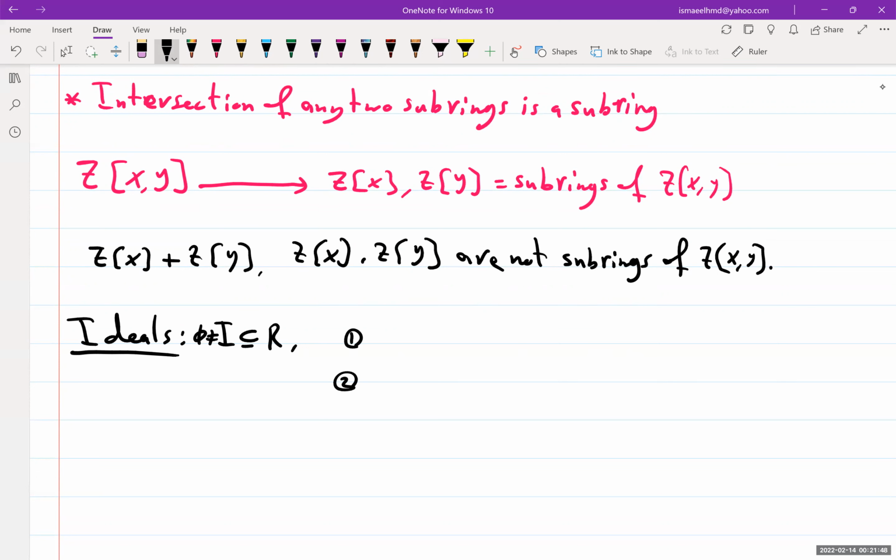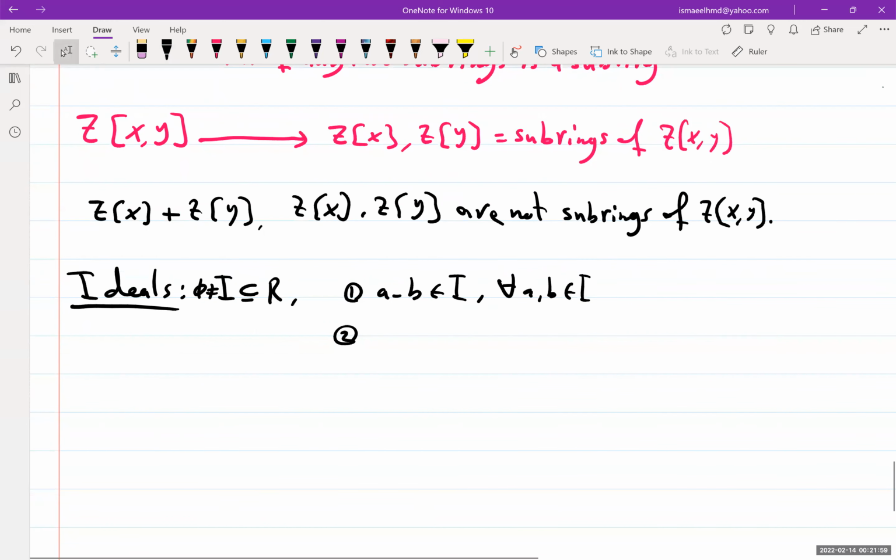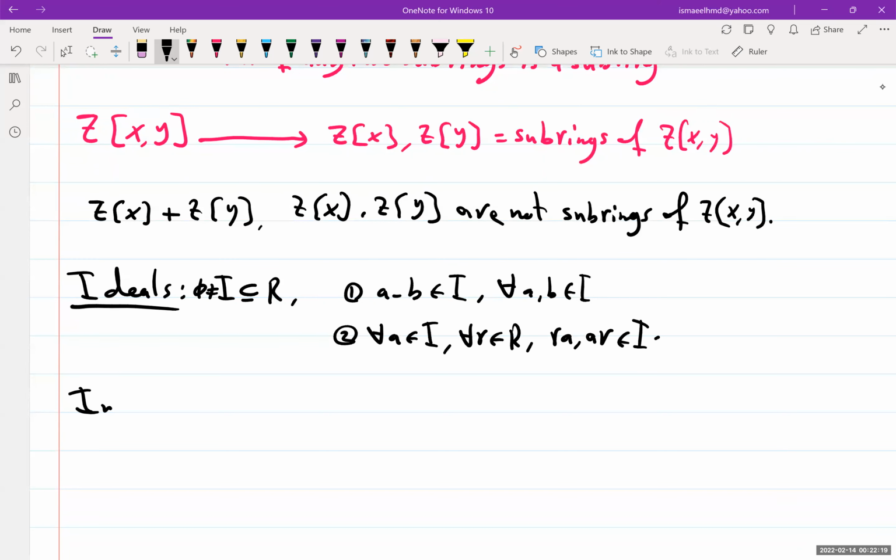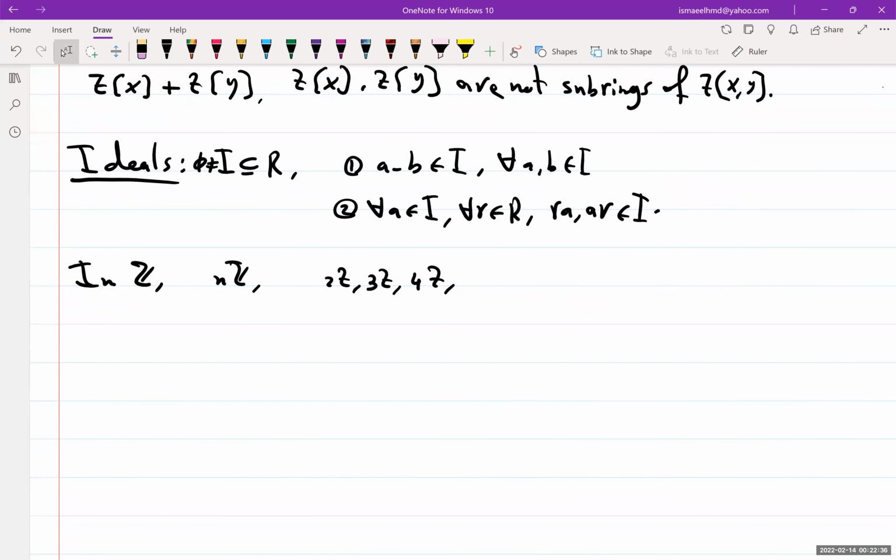For any a, b in I, we have a minus b in I. Also, for each a in I and for each r in the ring R, we have ra and ar in I. For example, in the ring of integers Z, the ideals are nZ, like 2Z, 3Z, 4Z, and so on.